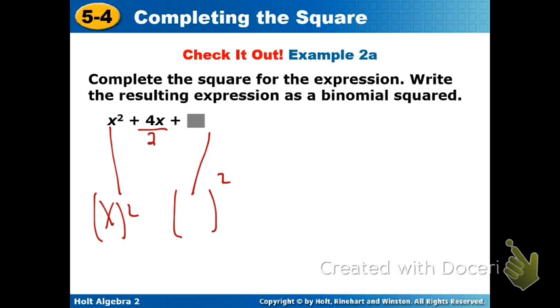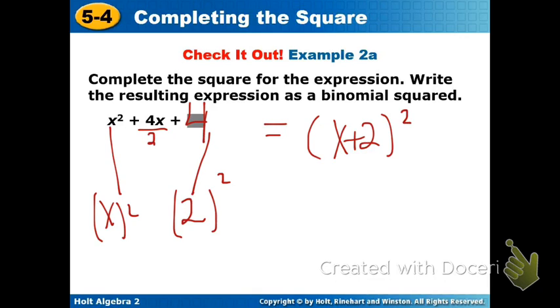Divide by 2, and that's going to give you a 2. So let's put that. So we found that root. And then we're going to square him, and that's going to be 4. So 4 goes up here. So what's your binomial going to be? X plus 2 squared. Okay.